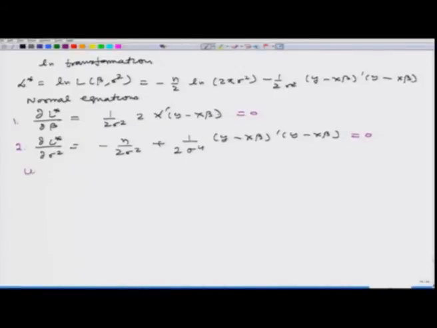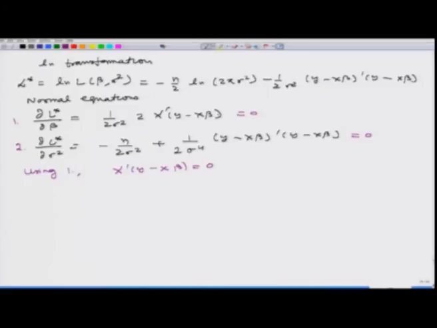So, now we have two likelihood equations, 1 and 2. First, we use equation number 1. We obtain that x transpose (y minus x beta) is equal to a null vector.